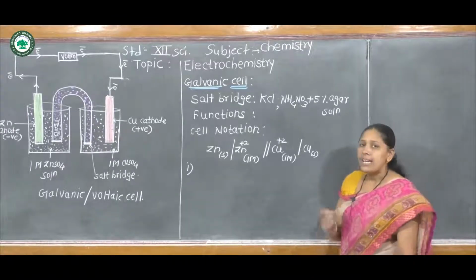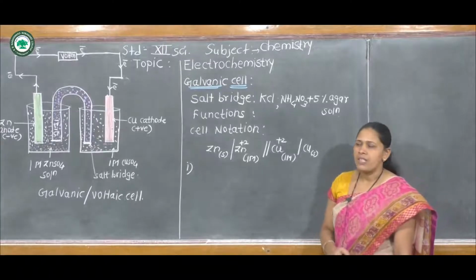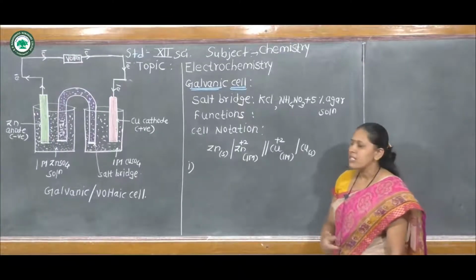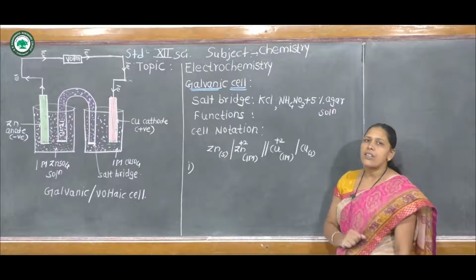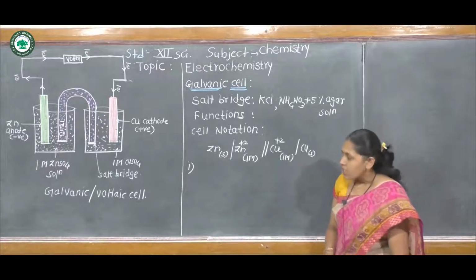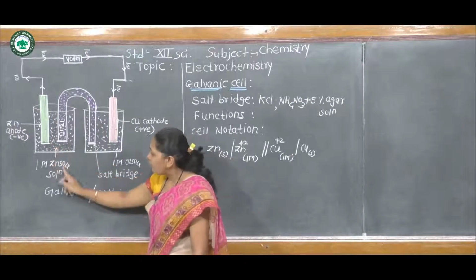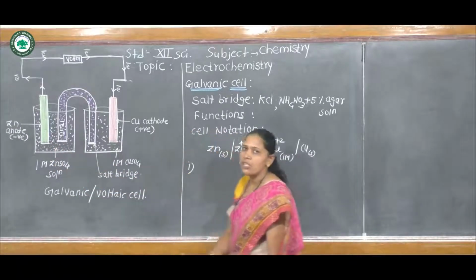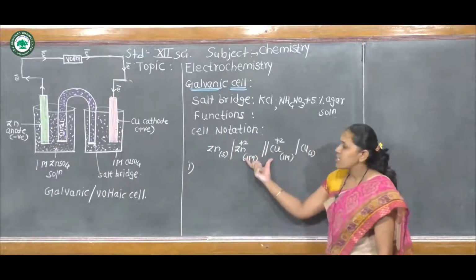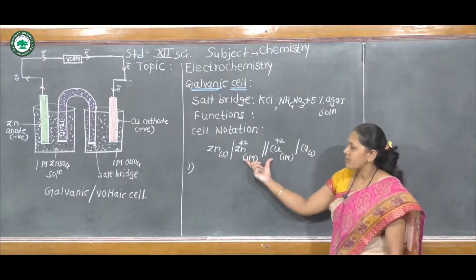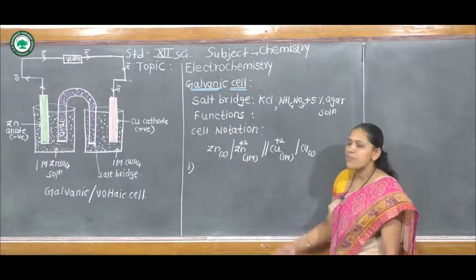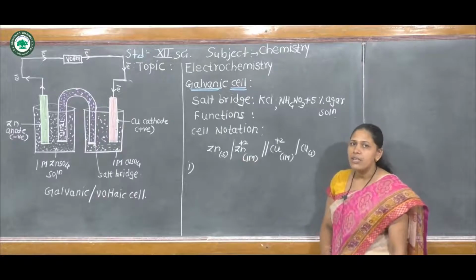Second, aqueous solutions of ions are placed in the middle of the cell formula. Here, the zinc electrode is dipped in 1 molar zinc sulfate solution. Therefore, these two aqueous solutions, Zn2+ ion and Cu2+ ions, are placed in the middle of the cell formula.